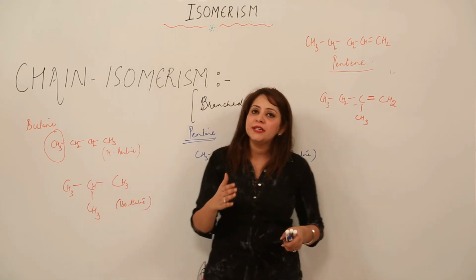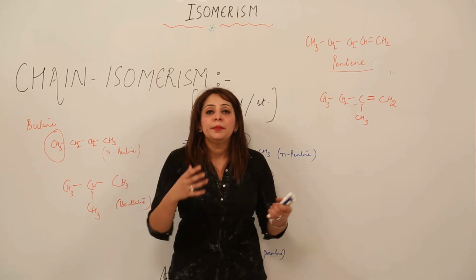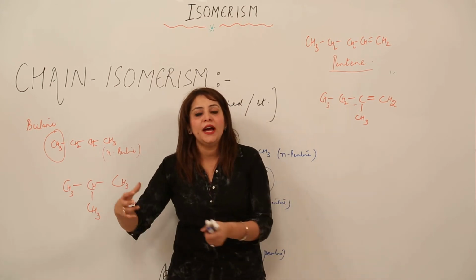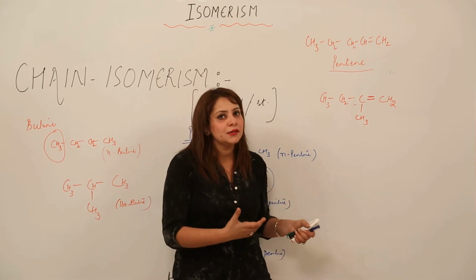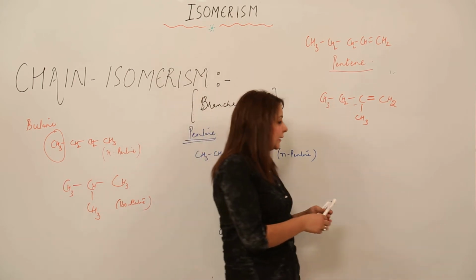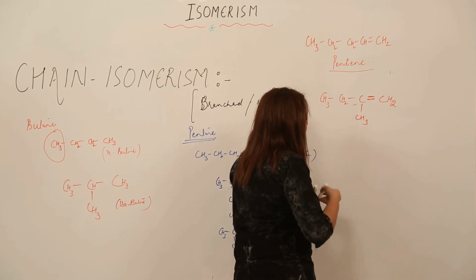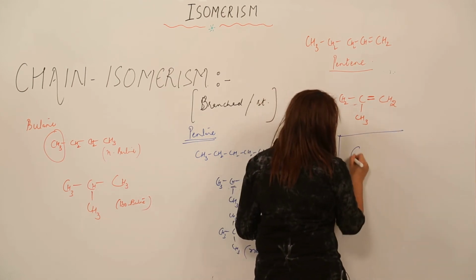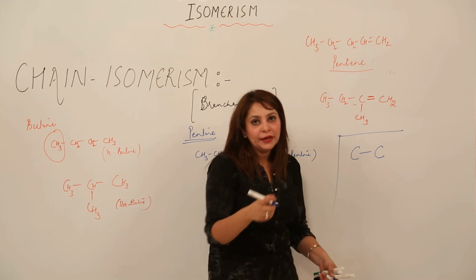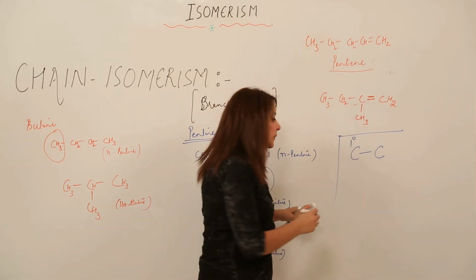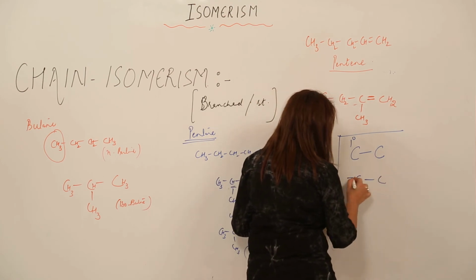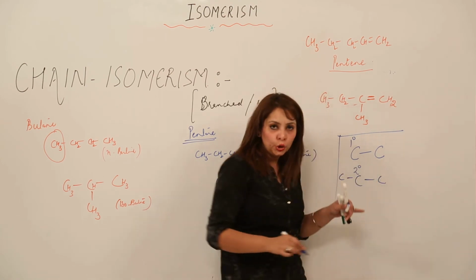And moreover, we did in organic chemistry that we have primary carbons, secondary carbons, tertiary carbons, and quaternary carbons. I think you remember, but I will still review it. Just look at the board. If one carbon atom is directly attached to one other carbon atom, it is said to be 1 degree. If one carbon atom is attached directly to 2 carbon atoms, it is said to be 2 degree.